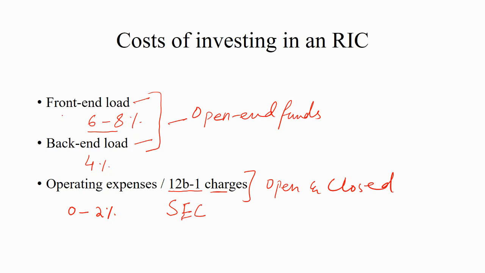So depending upon the type of the funds, these percentages and these load expenses may change, but the point is the same no matter what, that these loads are mainly for open-end mutual funds, whereas operating expenses and these charges are for both open and closed-end mutual funds. We'll have some examples which will clarify these expenses.